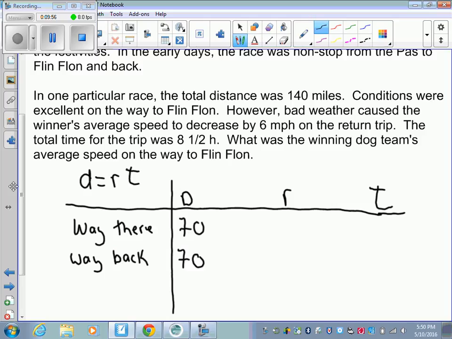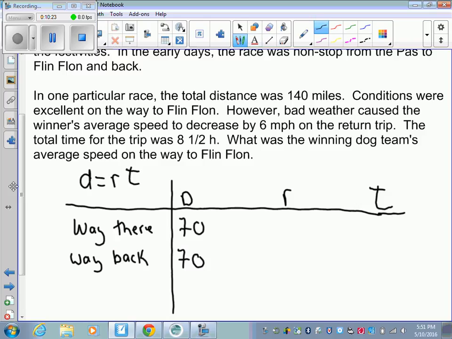Okay? Now, the next thing I need to figure out is rate. Like in my story problem, I picked a rate out of my head to show you what I would do. And I picked 100 kilometers an hour just to make it easy. But they don't tell us what it is in this problem. All they tell us is that on his way back, his speed was decreased by 6. We don't actually know his rate, what he started off with.